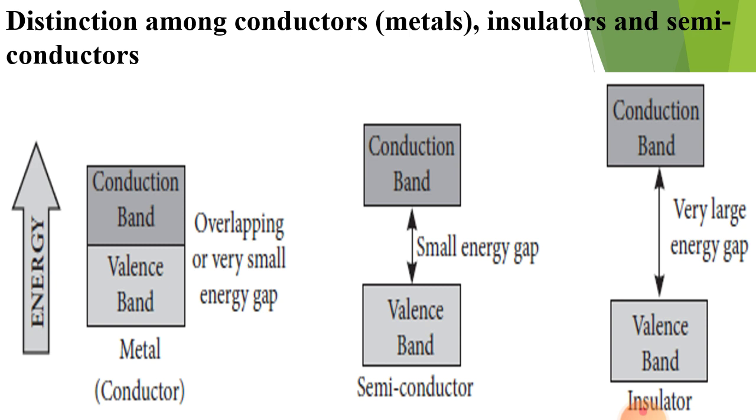Look at the diagram. In case of metal, the valence band and conduction band overlap, or they have a very small energy gap. That's why the electron can jump from valence band to conduction band.